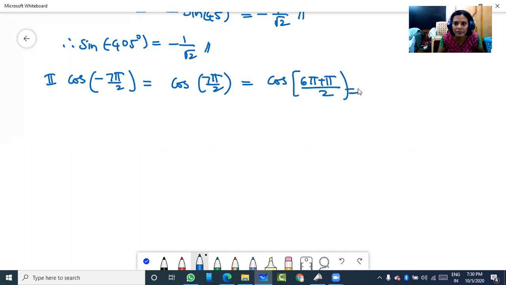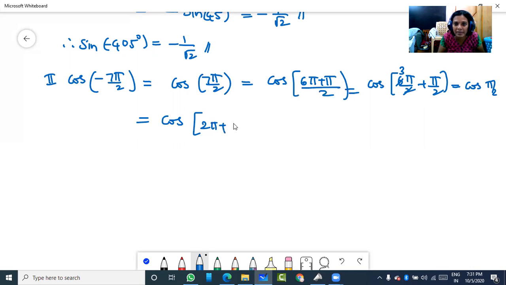For cos of n pi plus theta is cos theta only. But here 3 pi means we can write it as actually cos of 2 pi plus pi by 2. This is the form.